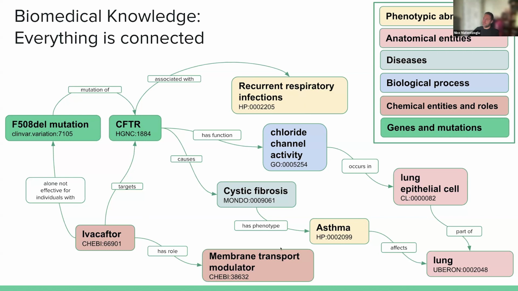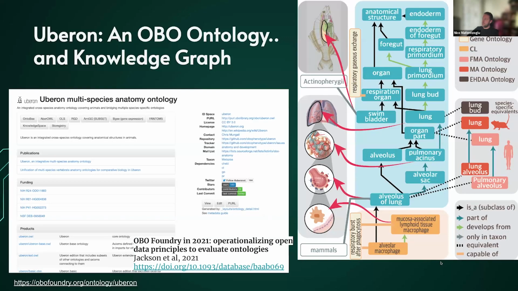But this is a snapshot that, if you are familiar with the Monarch initiative, you will recognize most of. Today we are going to zoom in on this bottom part, which is how we represent anatomical parts, tissues, and generally structures.